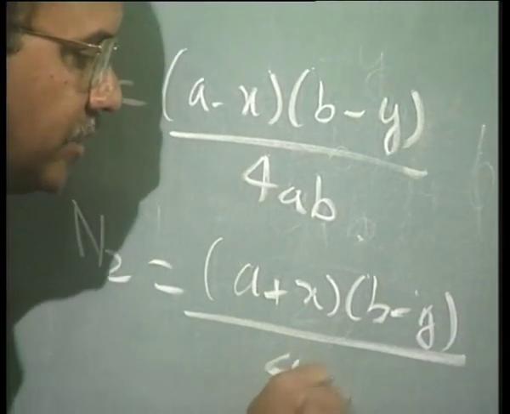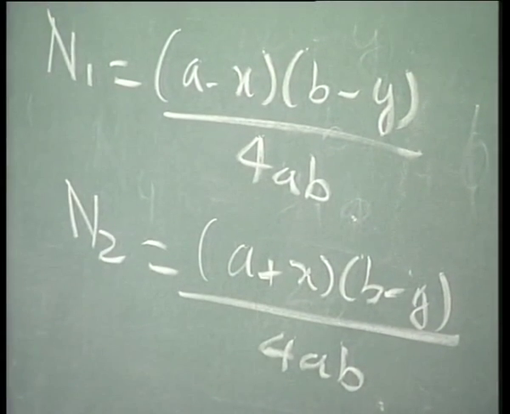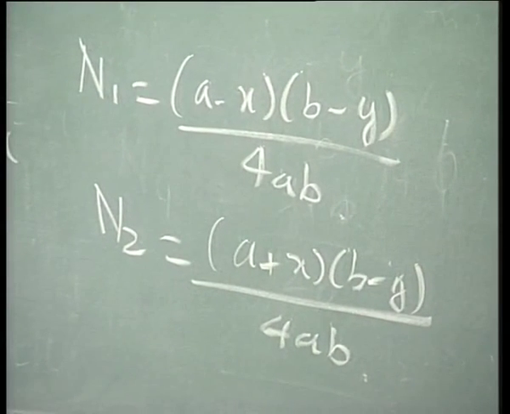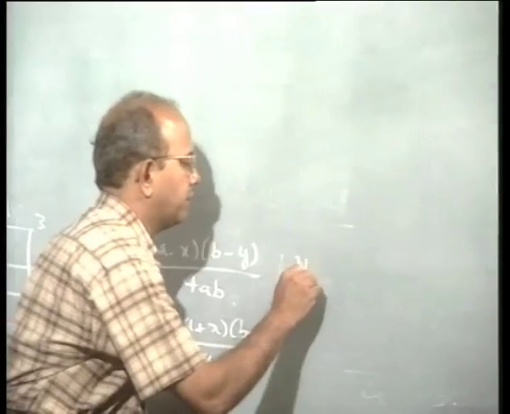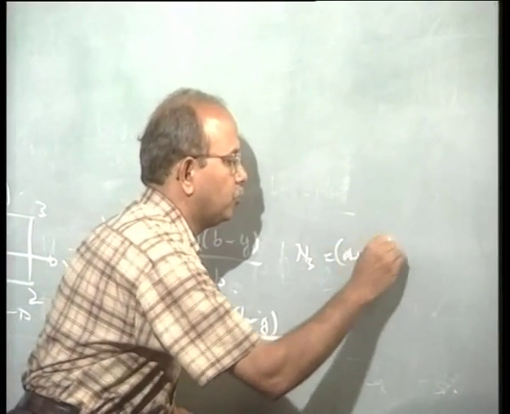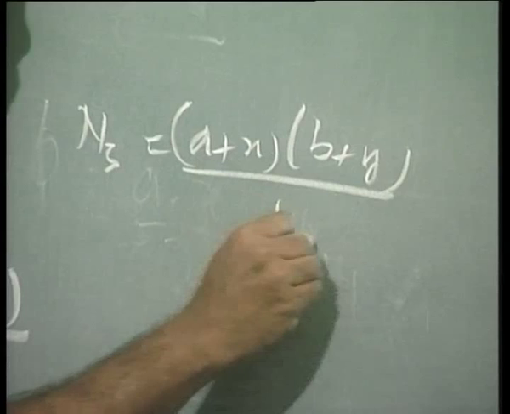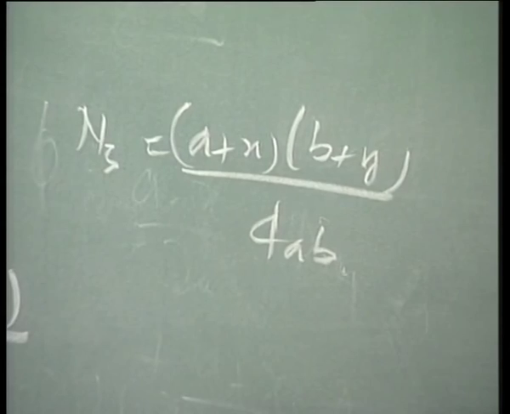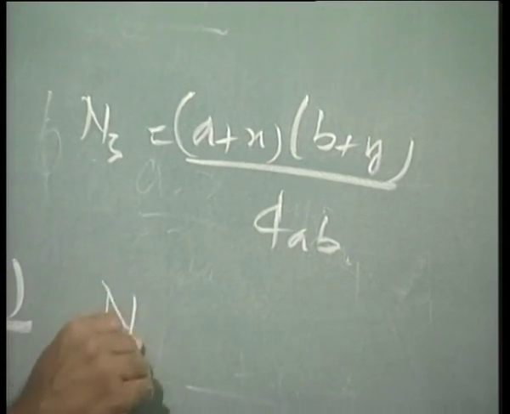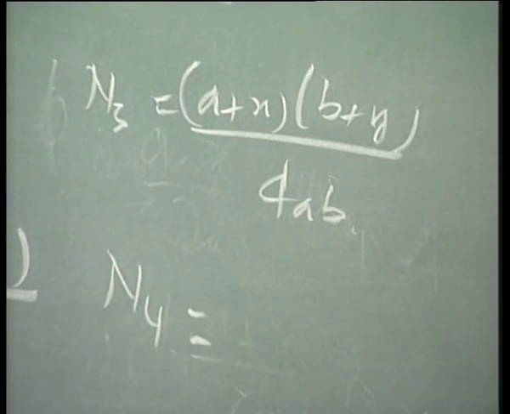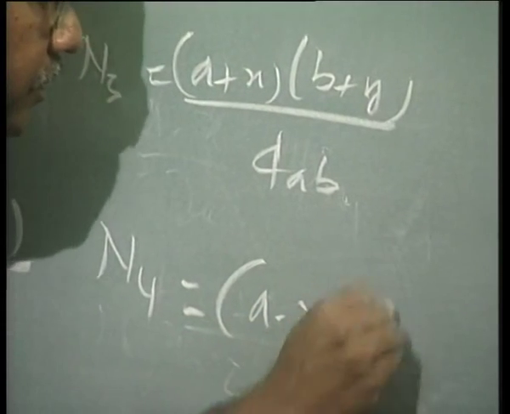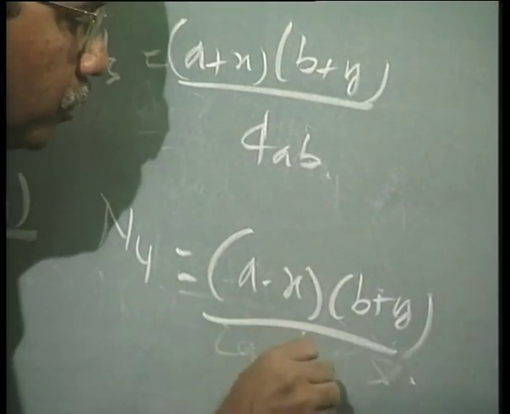Just check before you answer whether you are right on target. So what is n3? (a plus x) into (b plus y) divided by 4ab, okay. And n4 is what? Just the other way, (a minus x) into (b plus y) divided by 4ab.